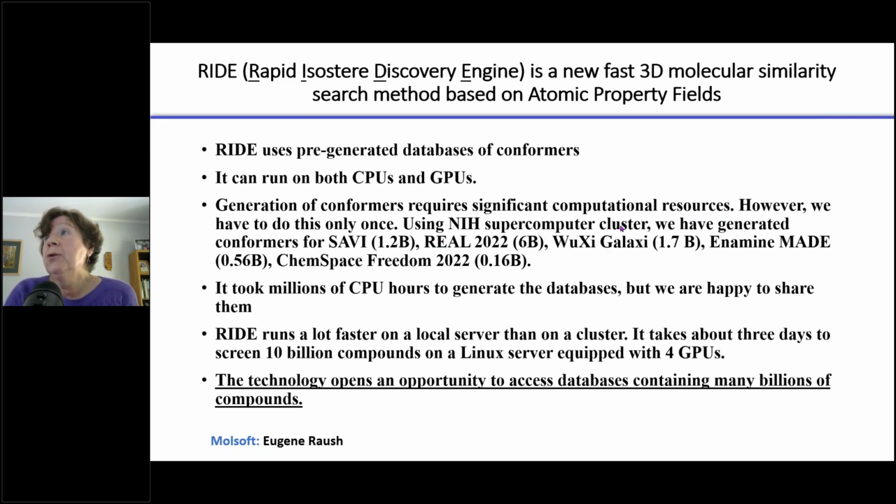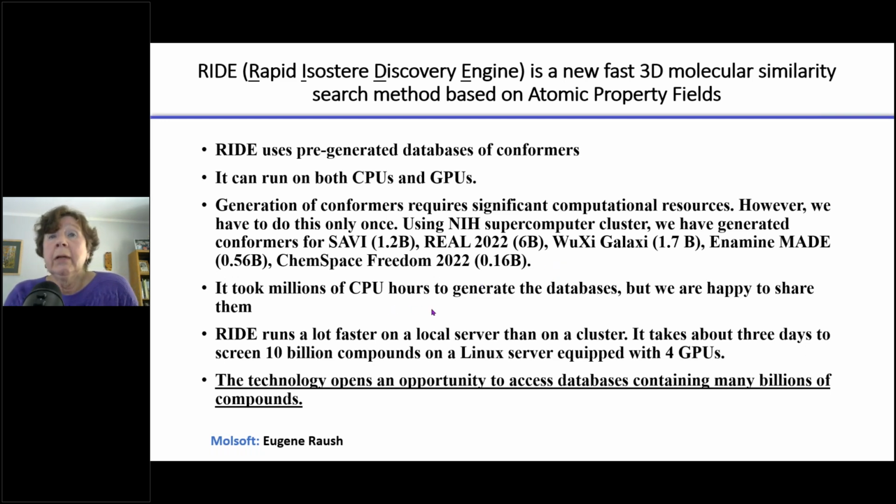Using the NIH supercomputer cluster, we have now generated conformers for SAVI 2020 real, the nearest real about 6 billion, Wuxi Galaxy 1.7 billion, Enamine's older version 600 million, and the older version of Chemspace Freedom, that is 0.16 billion, but also the newer version of Chemspace Freedom, which is 5 billion, in the works.